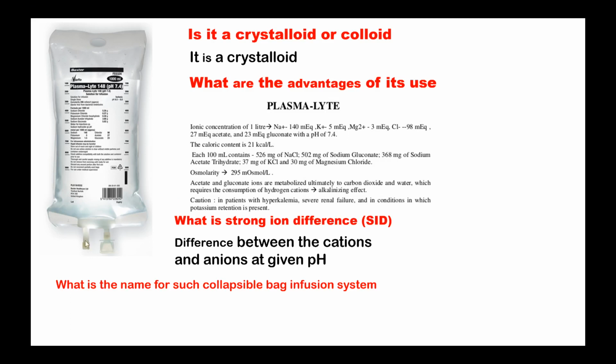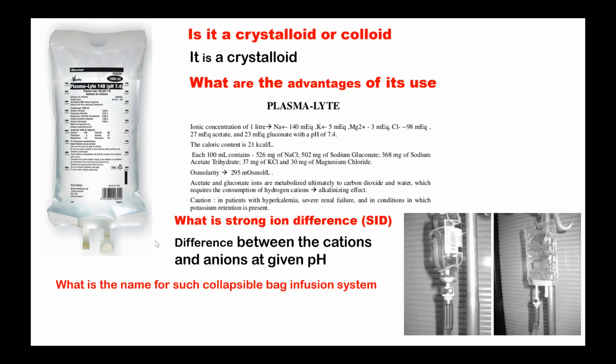Another port is for drugs. Yes, sir, you can inject drugs through this port. But what is the one advantage of it? It won't leak, and there is no air vent required for this flow. It will automatically collapse slowly and the fluid will go. So this is called a closed system.